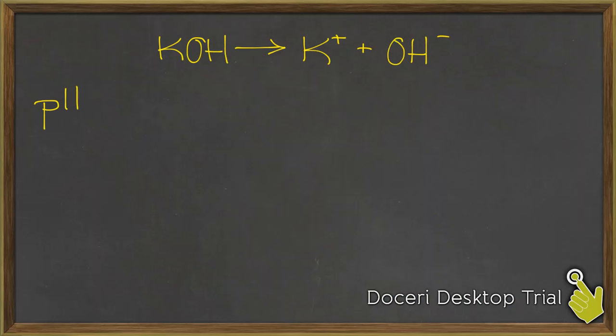Let's think about the formula for KOH and how that would completely dissociate. They told us the pH was 10.50. And that makes sense, it's a base. Let's turn that into a pOH: 14 minus 10.5.